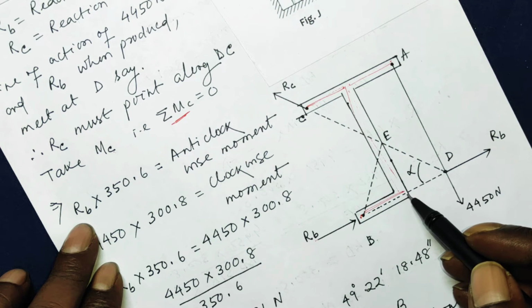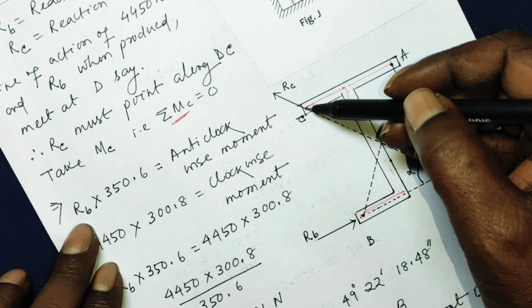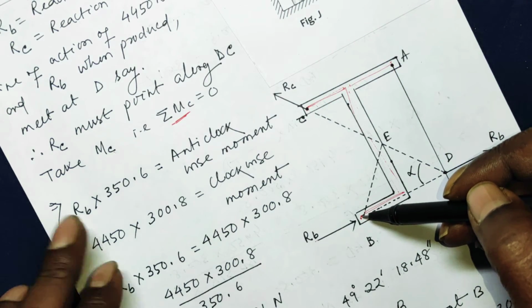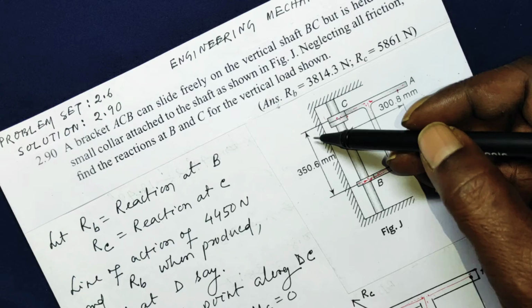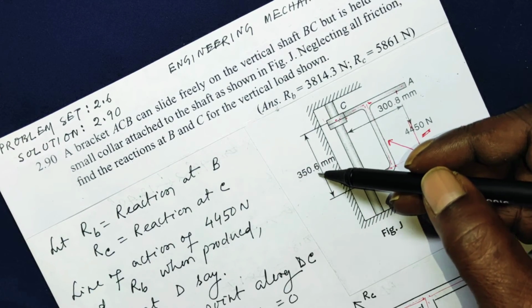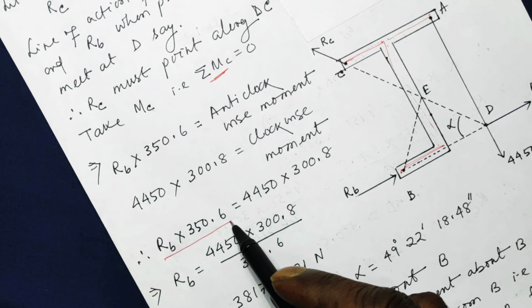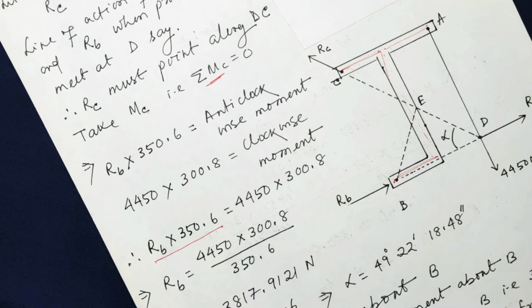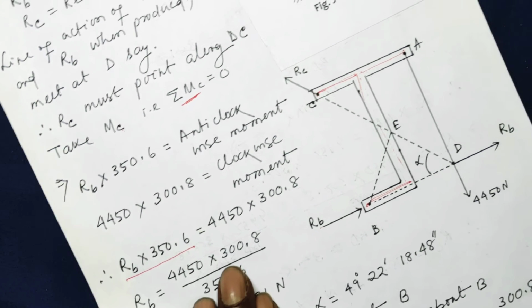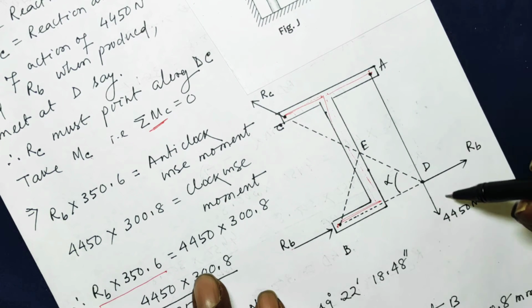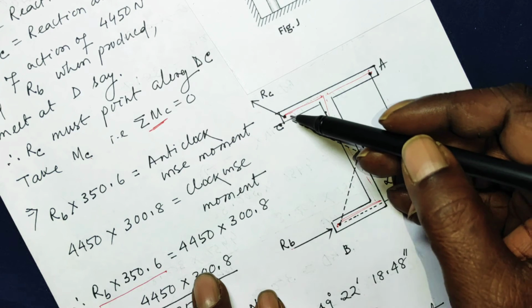The direction of RB from point C is at this perpendicular distance, which is given as 350.6 millimeter. So RB times 350.6 millimeter is an anti-clockwise moment about point C. And what is the perpendicular distance of this vertical load from the point C?